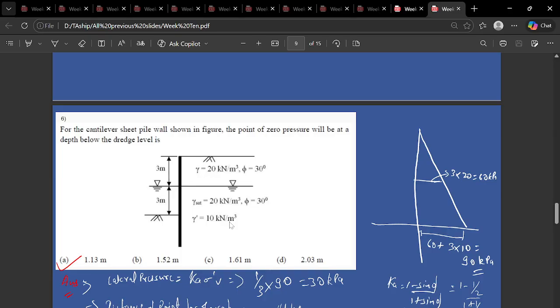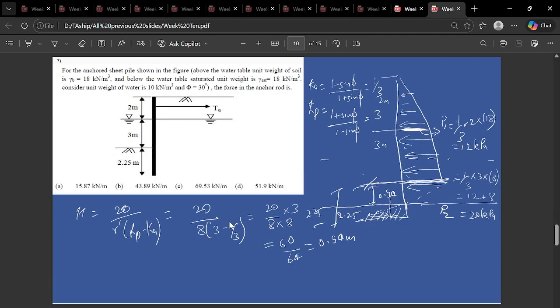How will you calculate it? We basically need to determine where your earth pressure diagram changes, from where it moves from passive to active state. Up to this depth your soil pressure is acting in one direction, but below this point you can see the earth pressure acts from left to right.